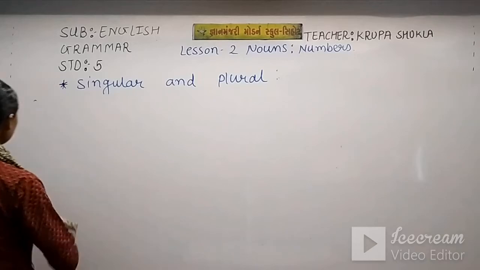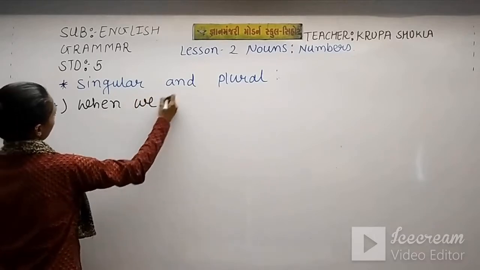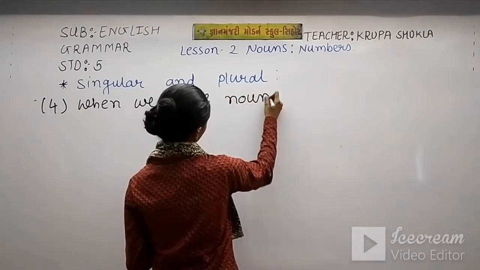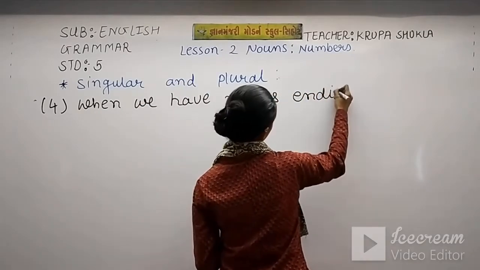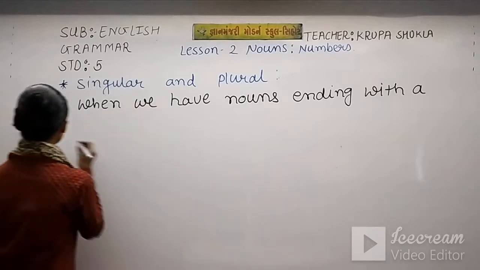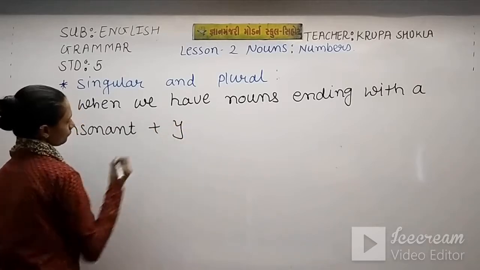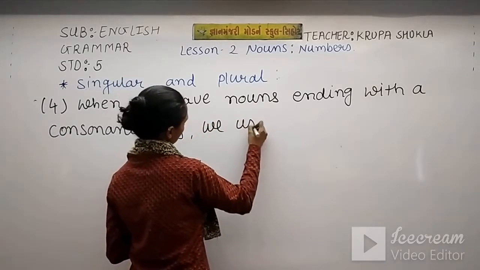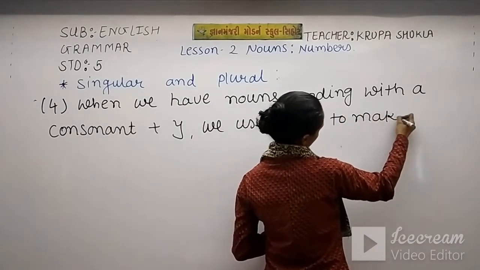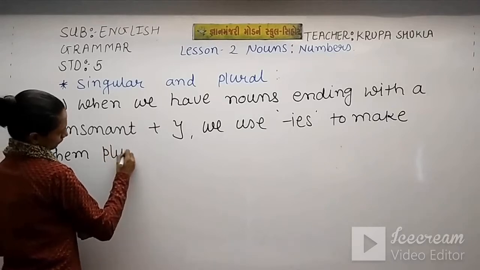So the fourth rule is, when we have nouns ending with a consonant plus y, we use ies to make them plural.